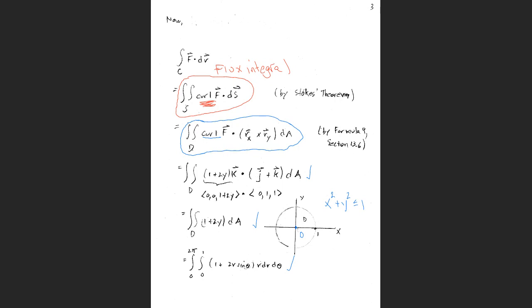Now for this problem, this double integral, I actually worked out. When you're ready, I'll go to the next page. Okay, Charles is good.